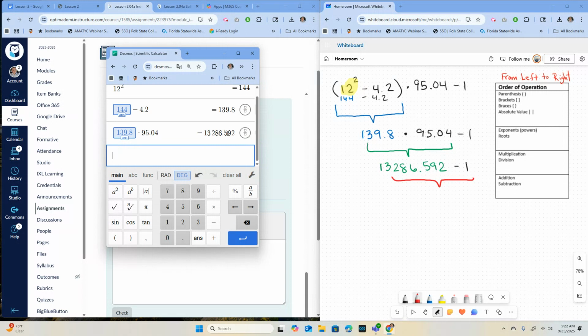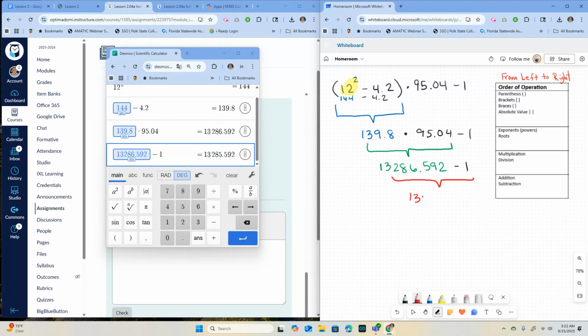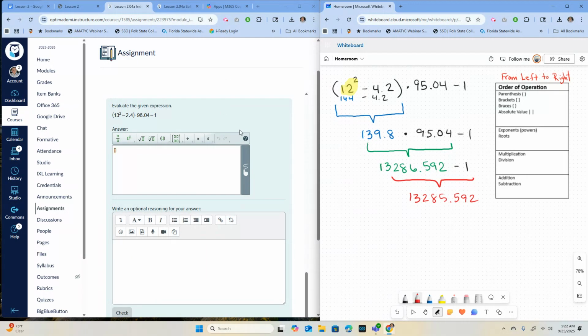And since that was my previous answer, I can press the ANS key and it's gonna recall it. And then I can subtract 1. And you can see that my final answer is 13,285.592. Okay, and I'm just gonna verify if they ask me to round. No, it doesn't say anything about rounding. That will be your final answer.